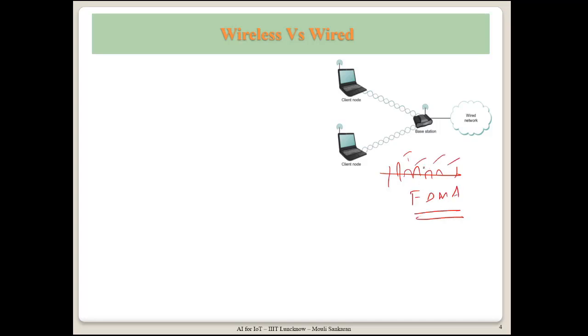Multiple frequency ranges will be there, and only the devices which are tuned to that particular frequency may receive. So others may not even look at it. Similarly, when they receive and then want to communicate back, they also need to have some time in which they are supposed to transmit. Now, let me tell you the issues with the transmission coming from the client device to the router.